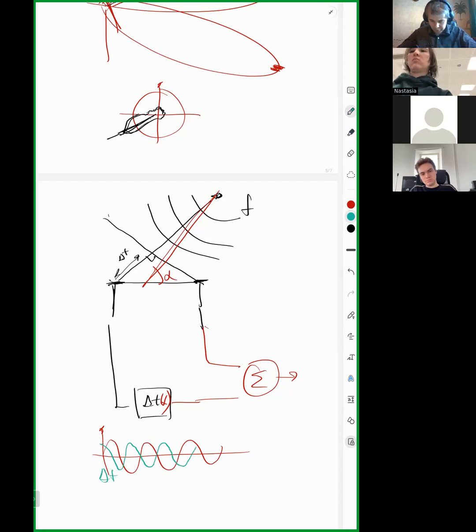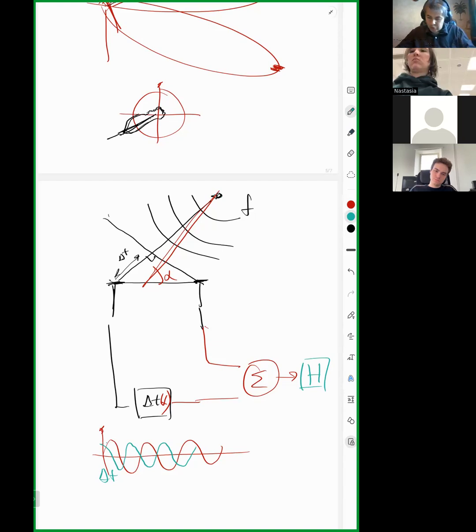If the delta t is the one that corresponds to the direction that you should listen to, then when you shift this one with respect to the other and you sum them up, you'll get maximum signal. Of course, you need to take the absolute value of this. If you don't sum them up, you will not get maximum signal.